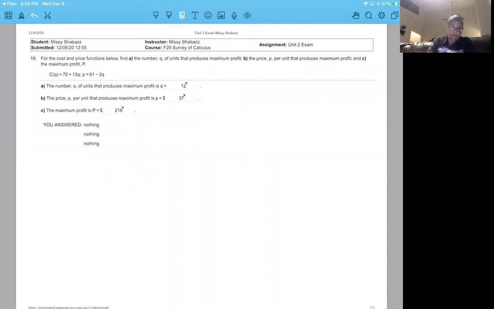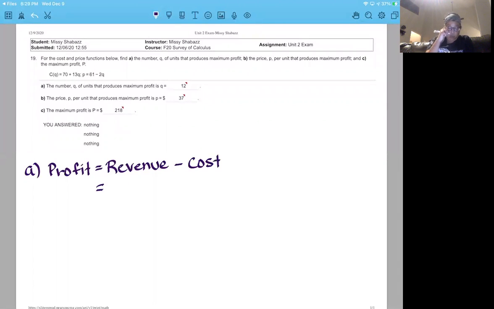So profit is revenue minus cost. Now my revenue function is going to be P times Q minus C of Q.